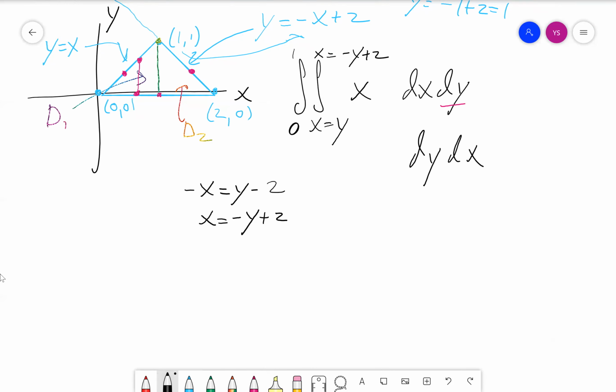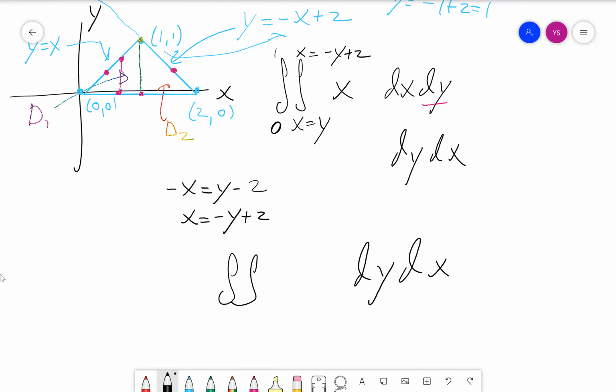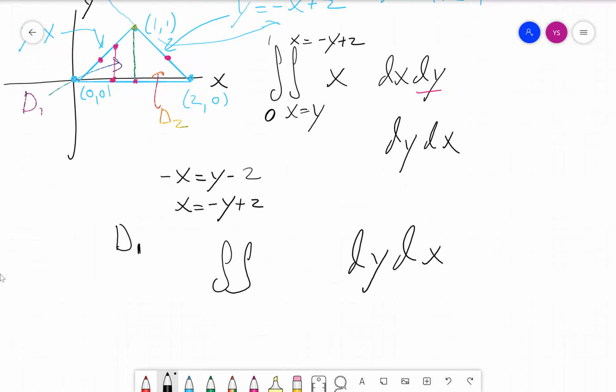So we set up our integral. Now we're going in the dy direction first, and then in the dx direction. So this will be on the D1 domain. From where until where is y going in D1?